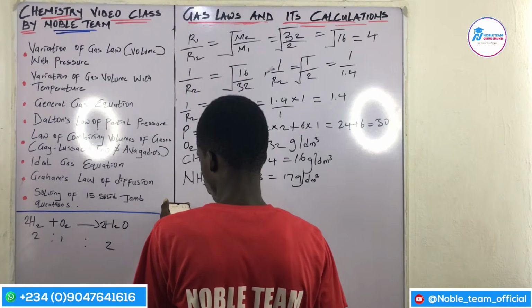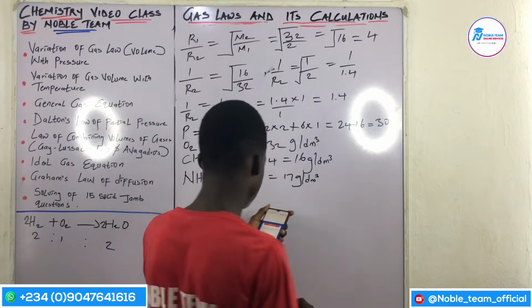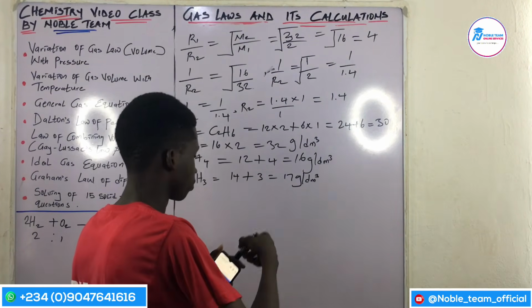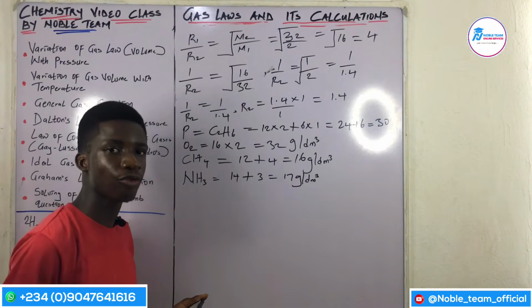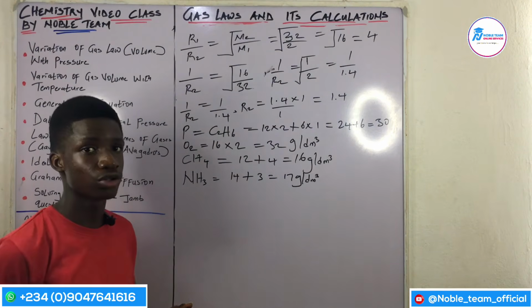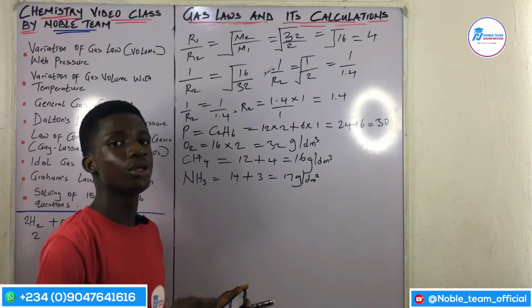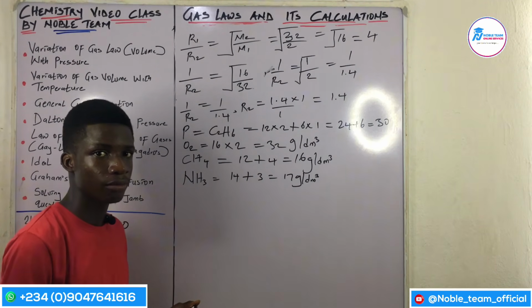And we are asked to get the gas that will diffuse fastest when passed through a porous plug. Now take note of this. Once you are asked the gas that will diffuse fastest in a porous plug, once it comes to Graham's law of diffusion, just know that the one with the lowest molar mass will diffuse faster. You understand?